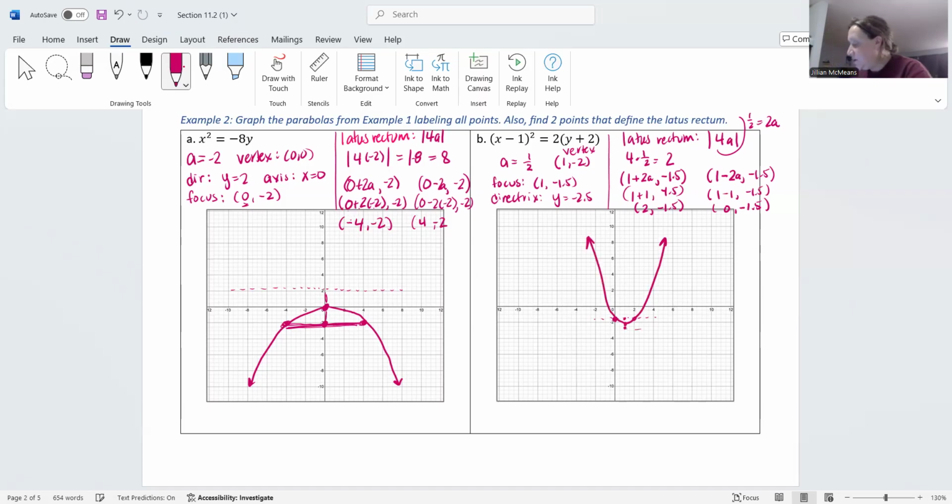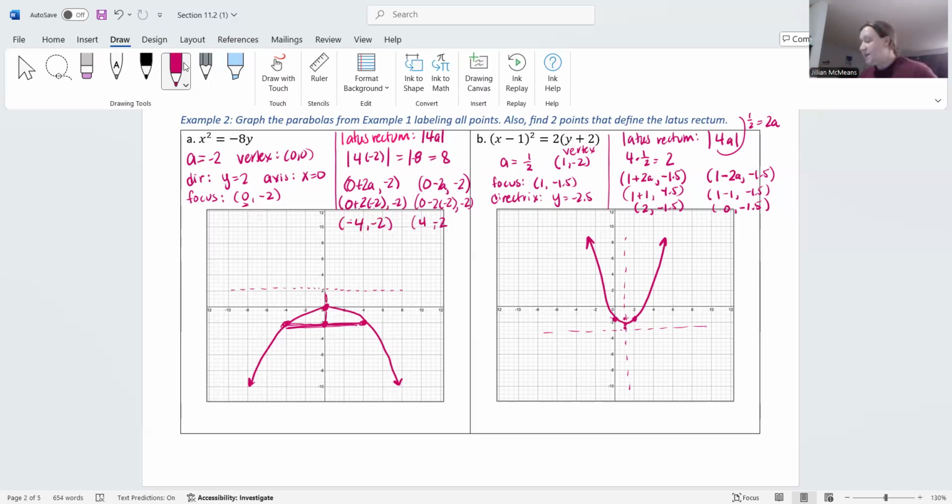And remember, this is our directrix down here. Let's erase some of our guide points. We have an axis of symmetry right here. Ta-da! Okay, so you've got your vertex, your directrix, your focus, the 2 points that give us the endpoints on the latus rectum, and the axis of symmetry.